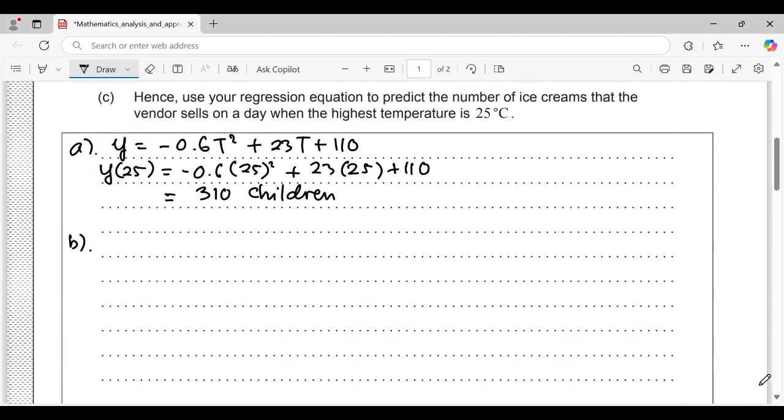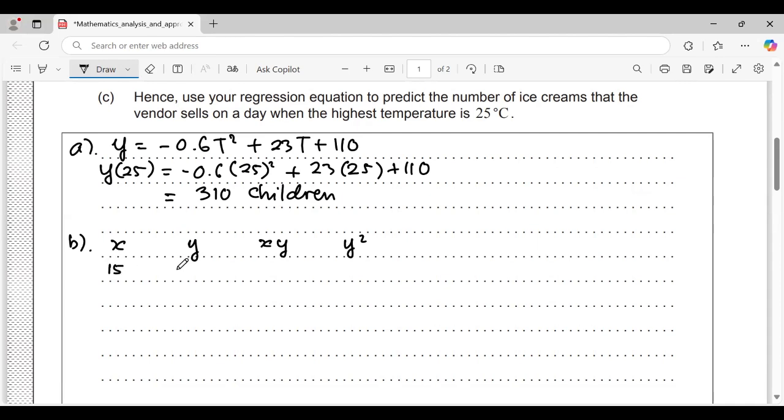Okay. So firstly, we need to create the table: x, after that y, and then xy, because we are going to find the regression. So we need this table.